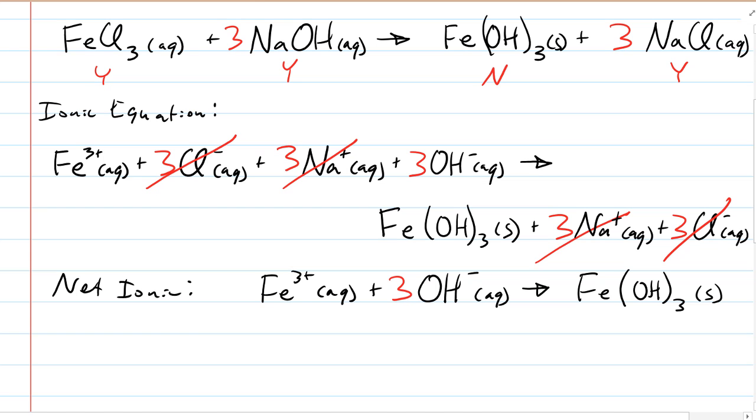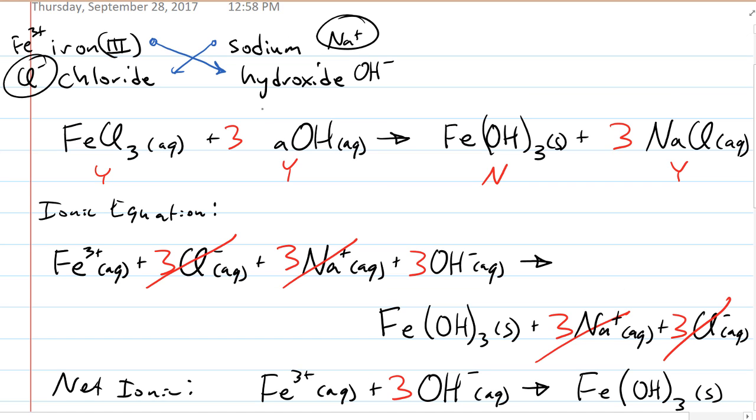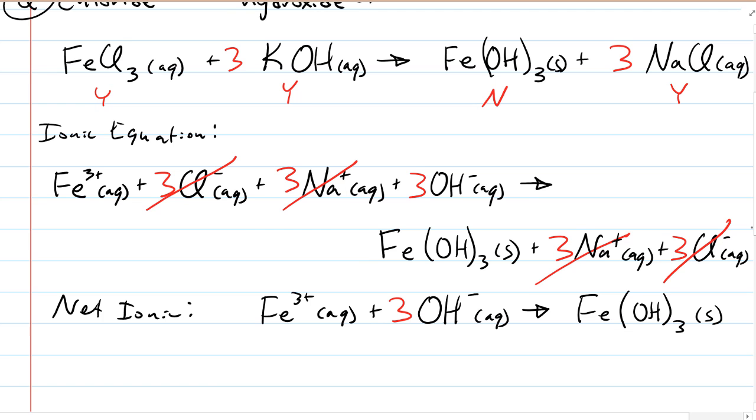Now, let's say that instead of sodium hydroxide, I'd used potassium hydroxide. In other words, this would have been KOH. What would have changed in the net ionic equation? Nothing would have changed. Why? Because then the potassium ions would have become spectator ions.